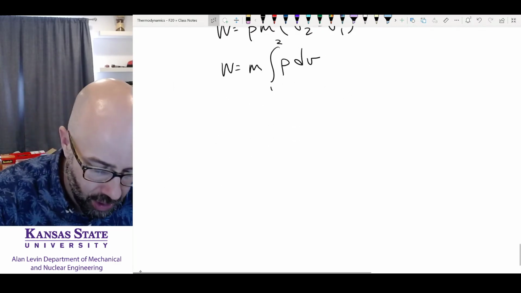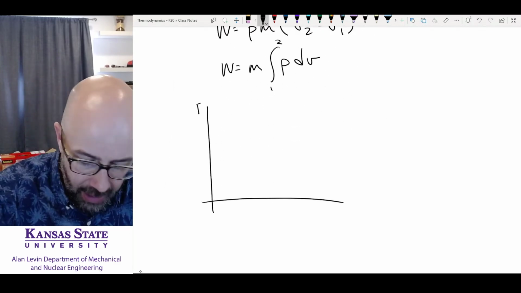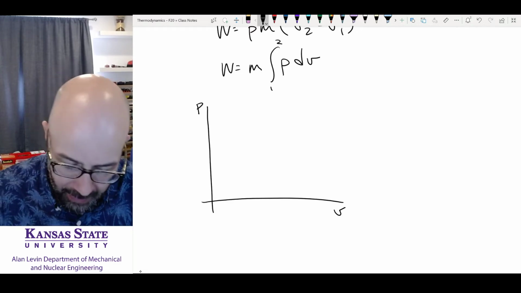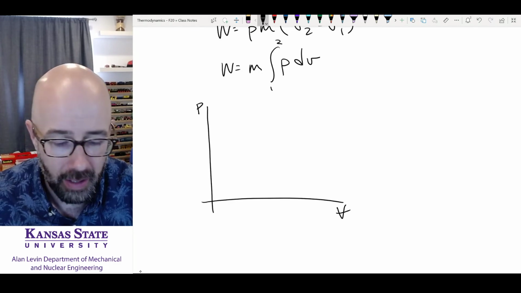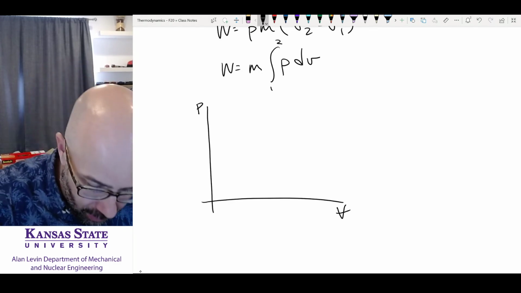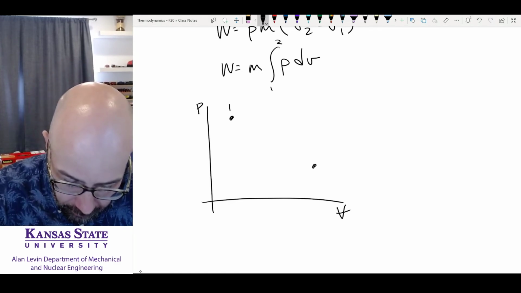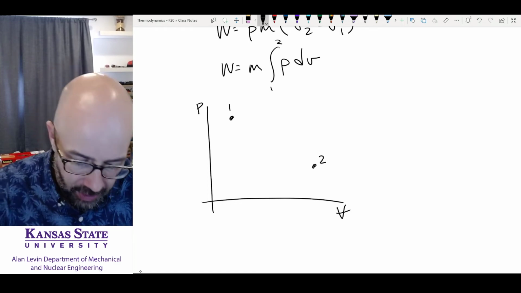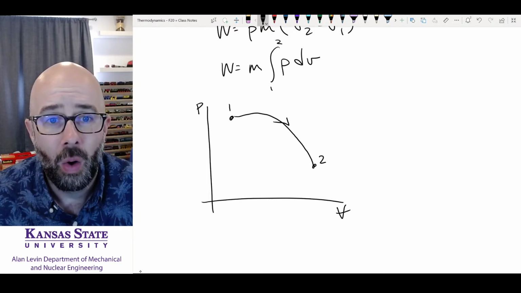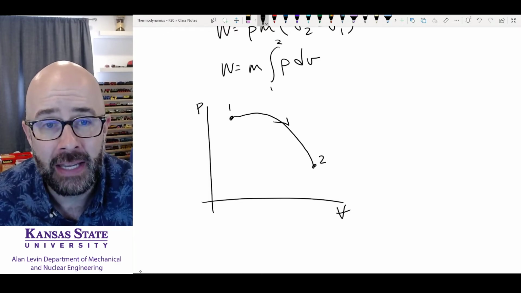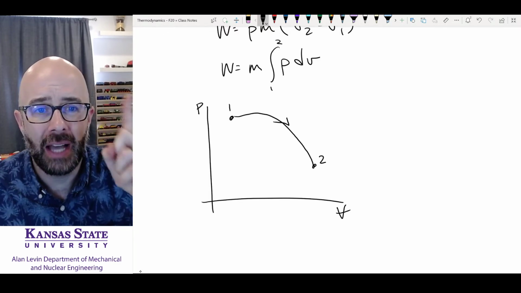All right. Last thing I'm going to do here. Remember, we can draw ourselves a pressure-specific volume diagram to visualize work. So here we're going to go from point 1 to point 2. Maybe this is our path. Work is the integral of P dV. How do we visualize that?